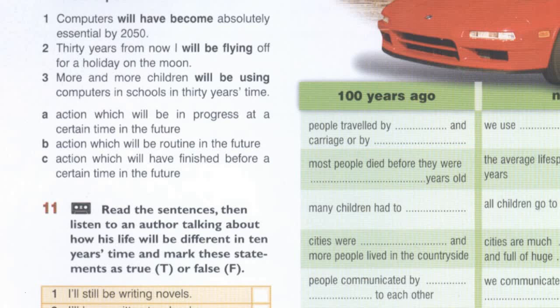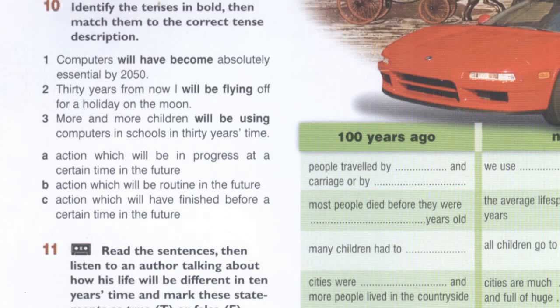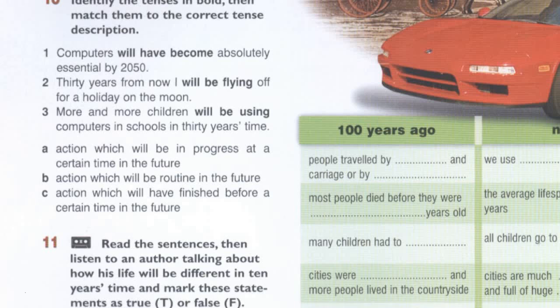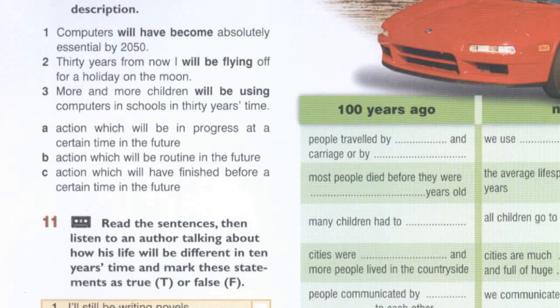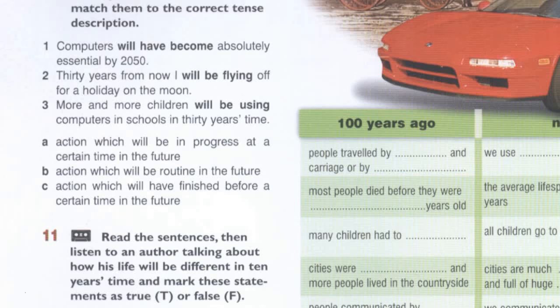So the first one, A, future continuous. But we have number 1 and we have number 2 or 3. 2 or 3 are future continuous. But let's see which one sounds a better match.